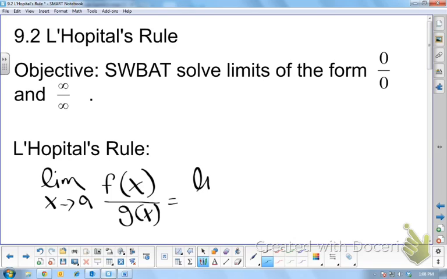The limit as x approaches a of f prime of x over g prime of x.